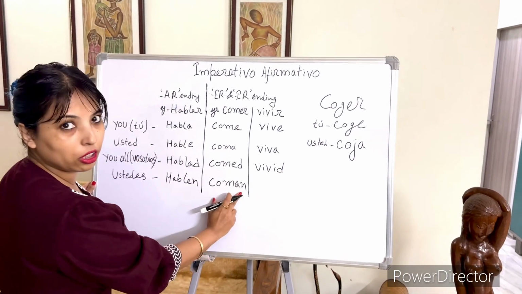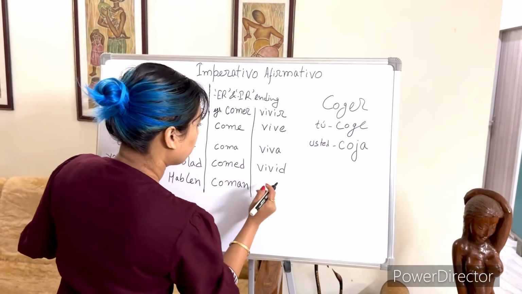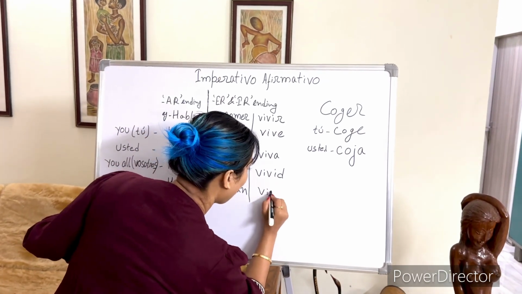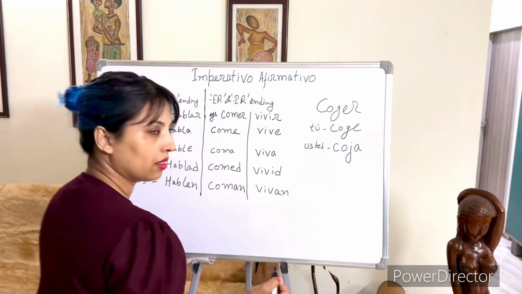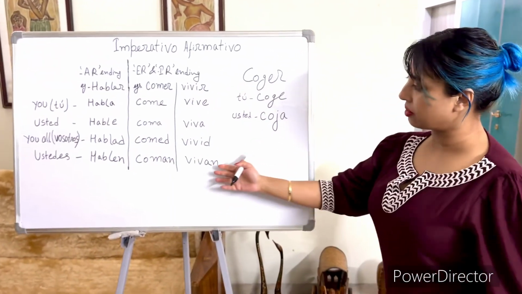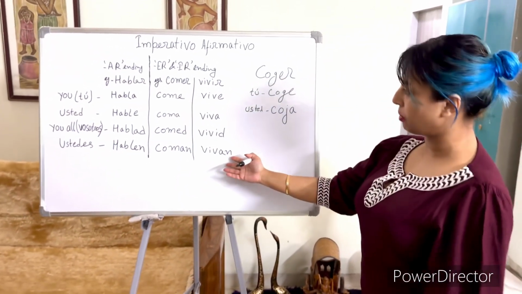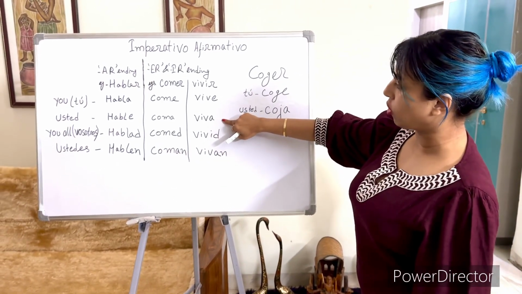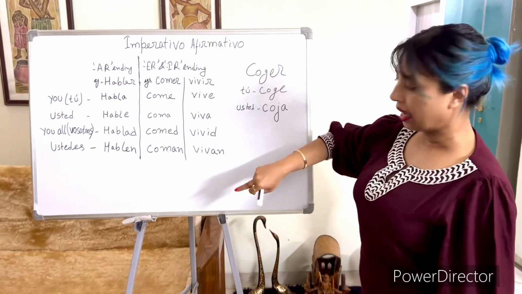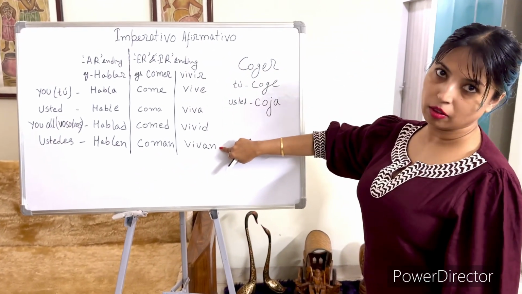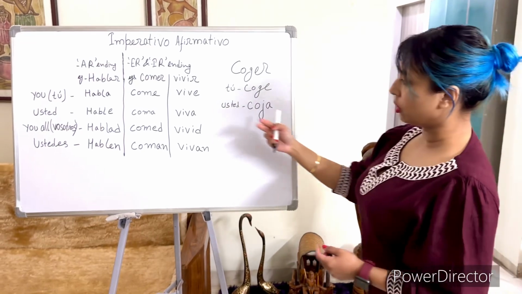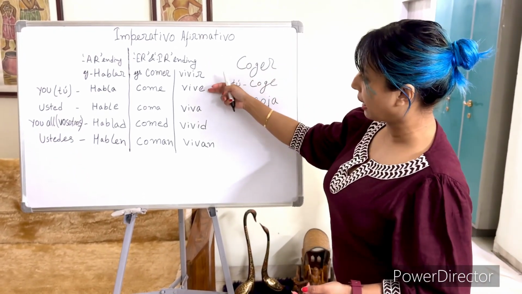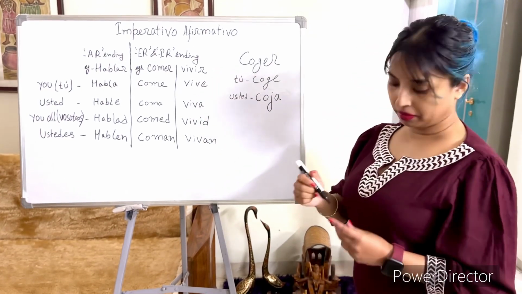Coma, you need to add N. Now, usted form conjugation viva, vivan. So it is very simple and this is also going to be the same for almost every verb: the usted form conjugation of the imperative case and then add N only for ustedes. So the vosotros and ustedes forms are very simple if you can remember the yo and usted forms.